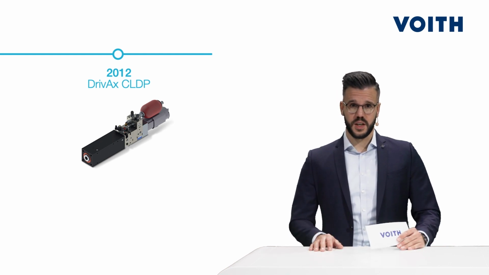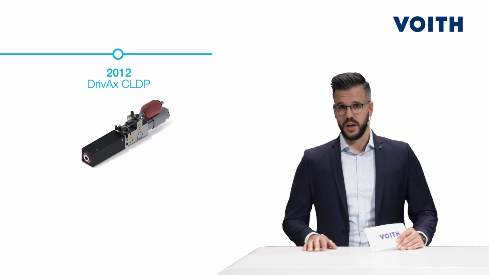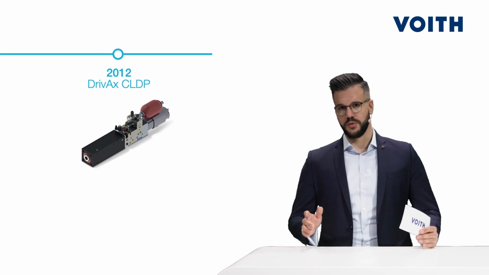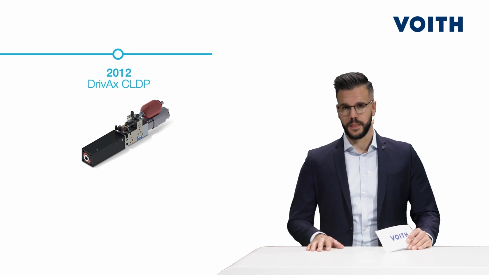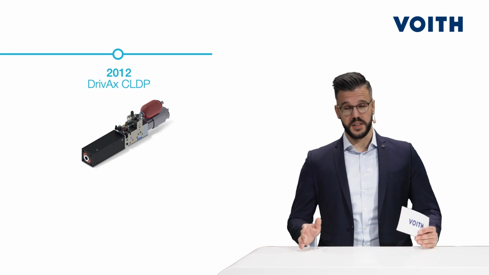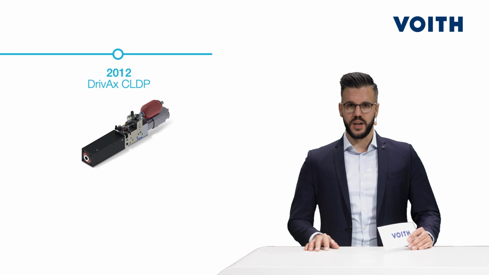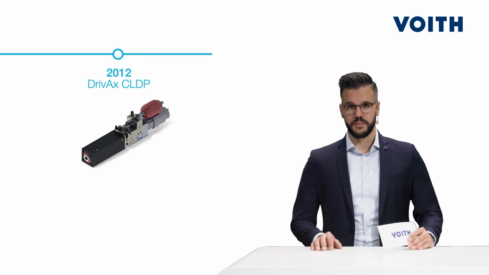This closed-loop design eliminates the need for valves and piping. As a result, the system is extremely compact and is ready for operation as soon as the servo motor is connected. The DrivAx CLDP is our flagship in the field of servo hydraulic drives and has already proven itself in various applications thanks to its versatility.